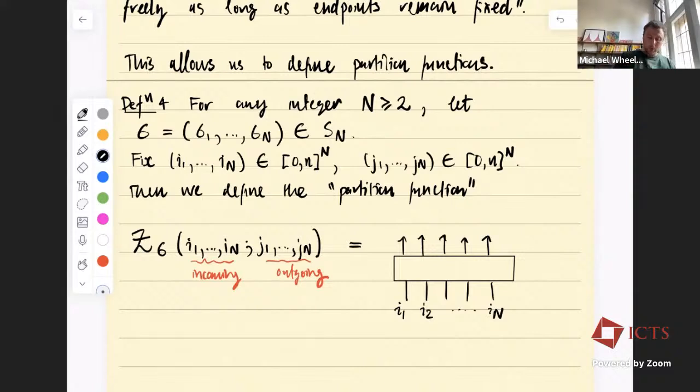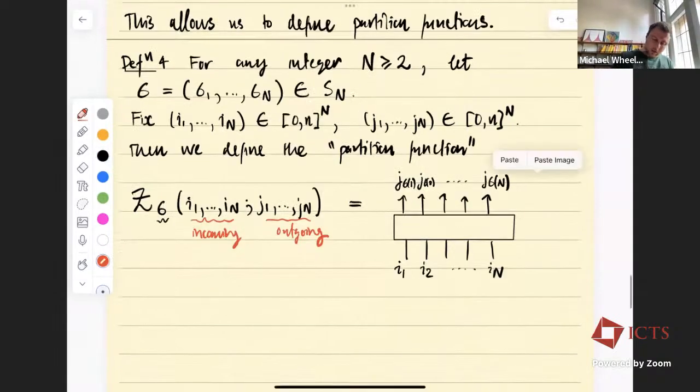They're actually going to be permuted according to this permutation here. So at the top, I'm going to have J sigma 1, J sigma 2, all the way up to J sigma n. And this quantity depends on n spectral parameters, which I can call x1, x2, up to xn.